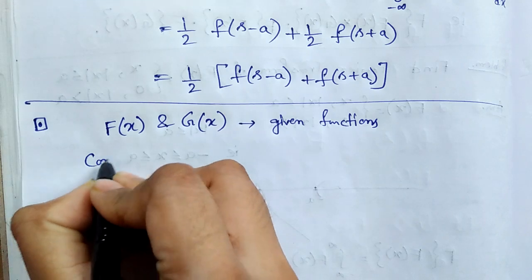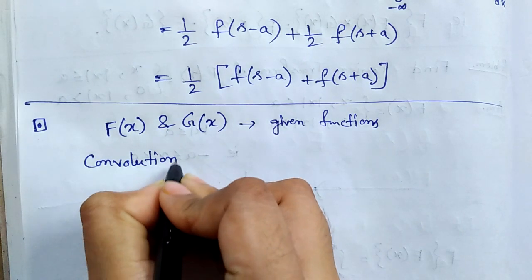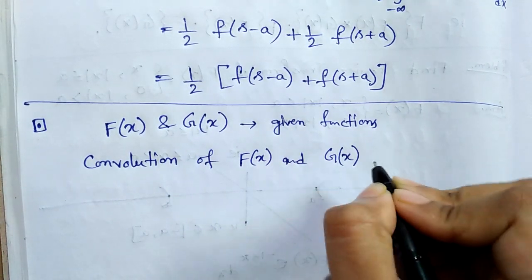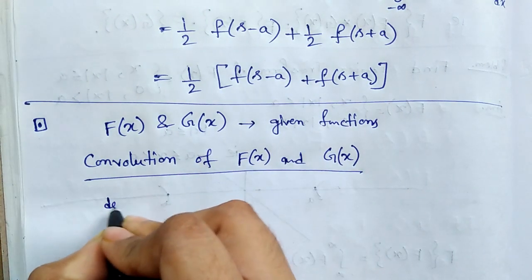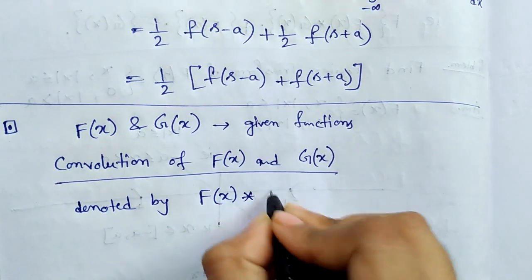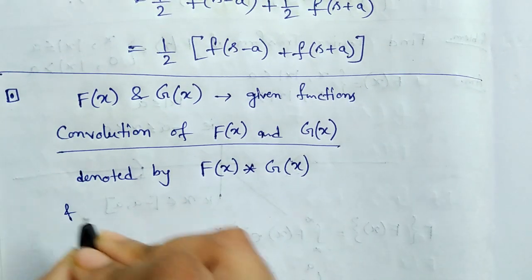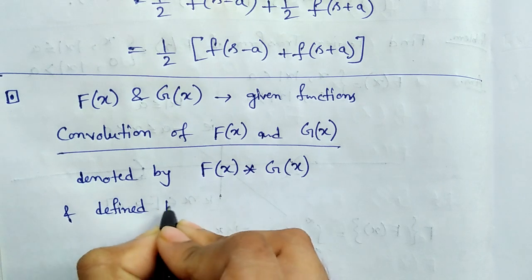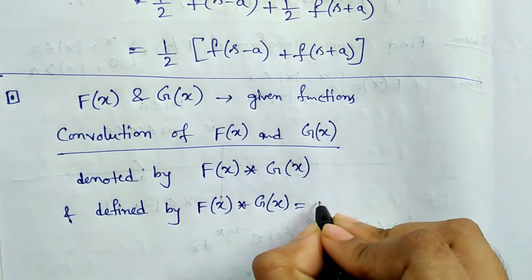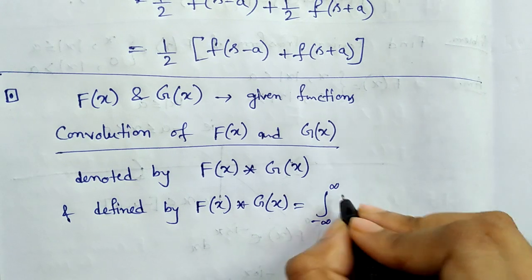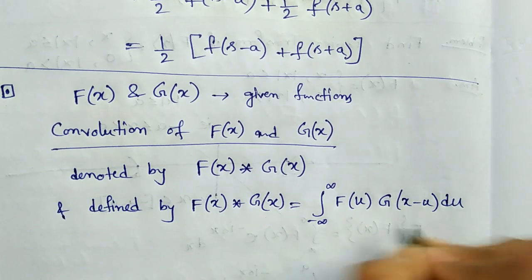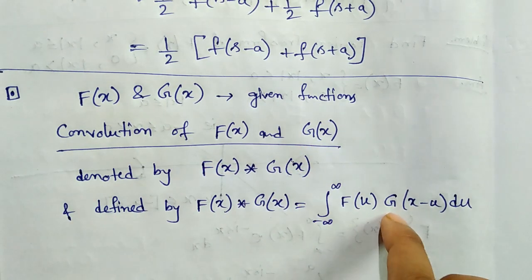Then the convolution of f(x) and g(x) is denoted by f(x) star g(x) and defined by f(x) star g(x) equal to integration minus infinity to infinity f(u) g(x minus u) du. So this is called the convolution of these two functions.